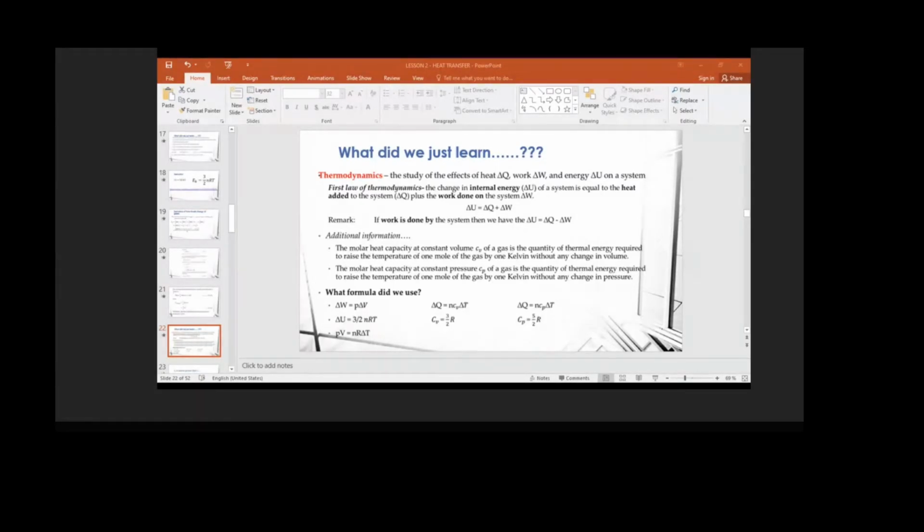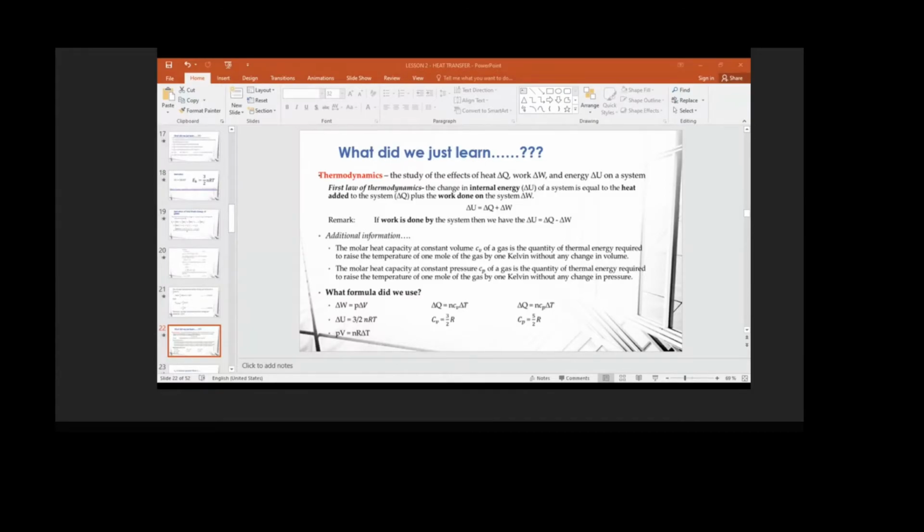All right. So if it's now work done by the system itself, then instead of adding the heat energy and the work, we subtract to get the total internal energy.